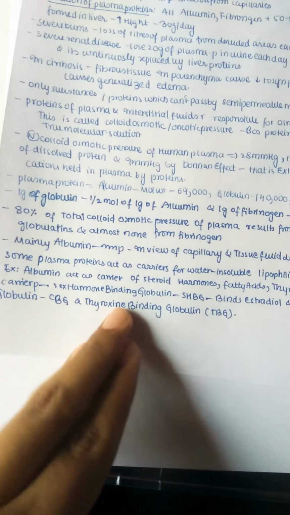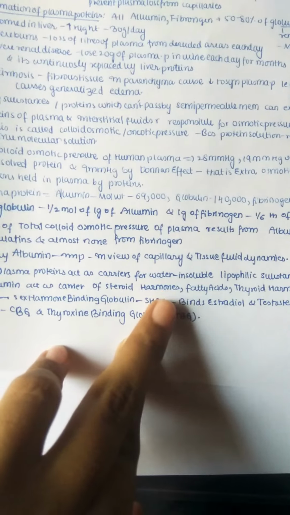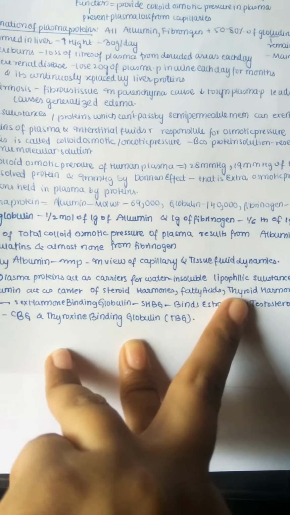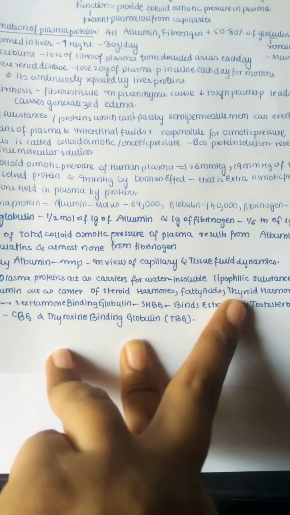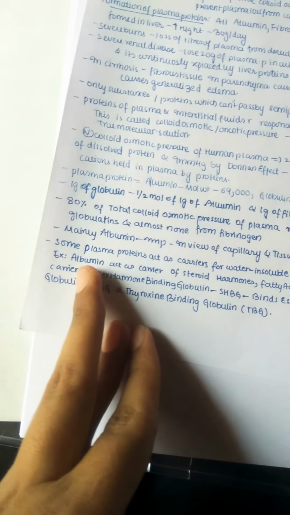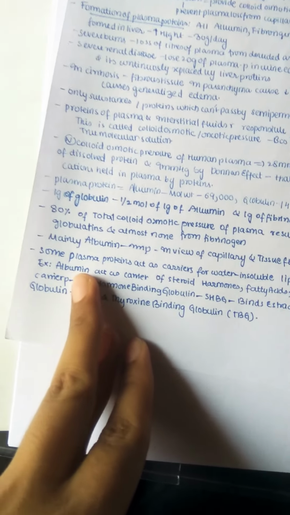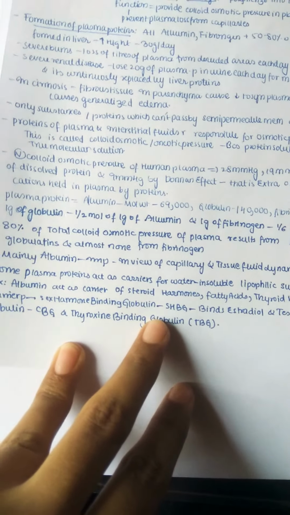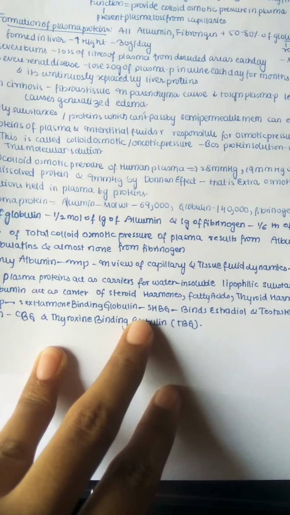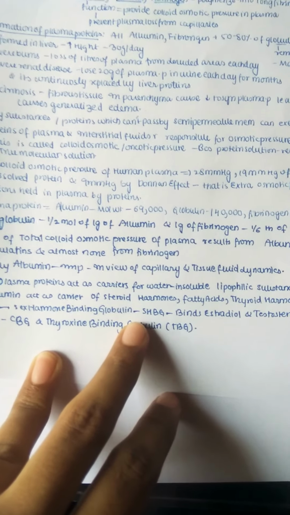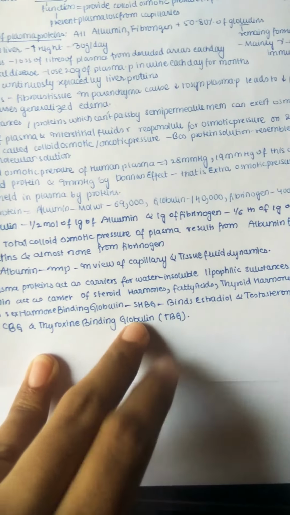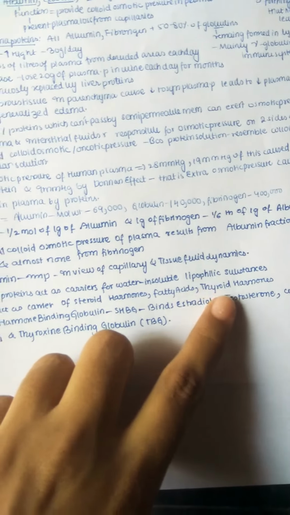And some plasma proteins also act as carriers for water insoluble lipophilic substances. We know when we need carriers, because they are not water soluble. So for example, albumin mainly acts as a carrier for steroid hormones. You know our steroid hormones, corticoids, cortisol, testosterone, estrogen, and fatty acids, thyroid hormones.